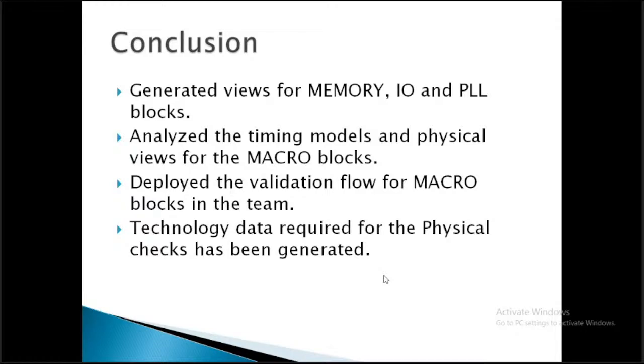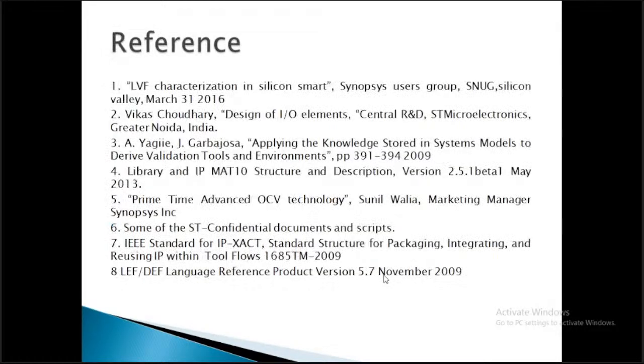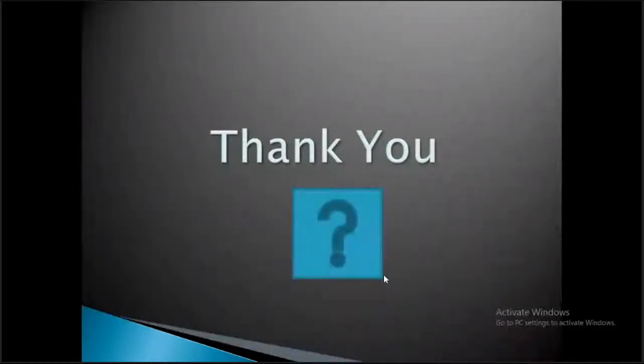Once you get an idea about how a chip is fabricated, that will help you think more about how the design should be and how you can optimize your design. References. Thank you. I can take questions now.